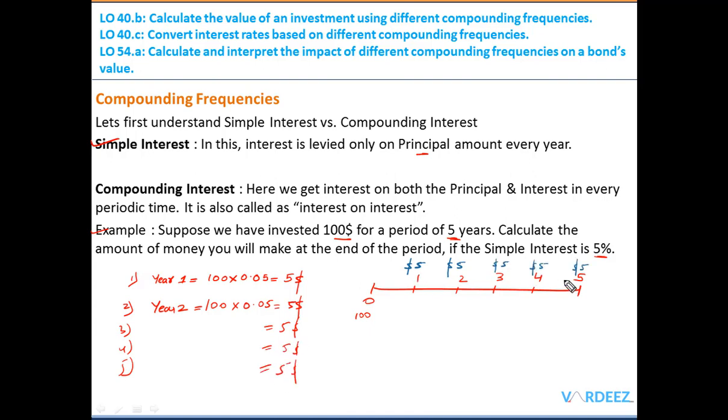So the total after the period of 5 years is $25 in interest and $100 in principal, so the total becomes $125.